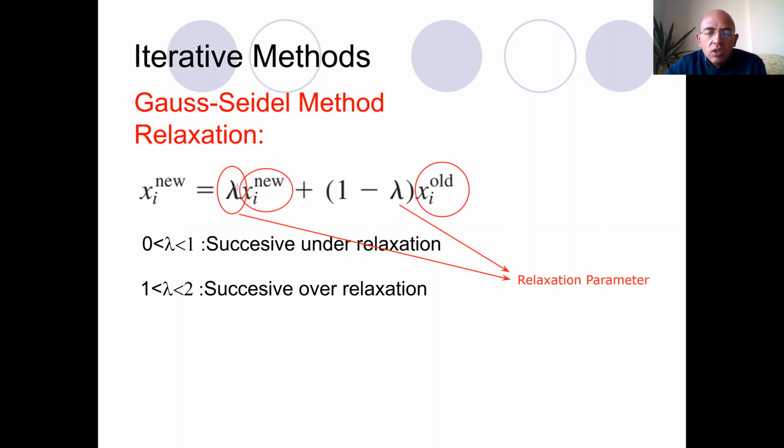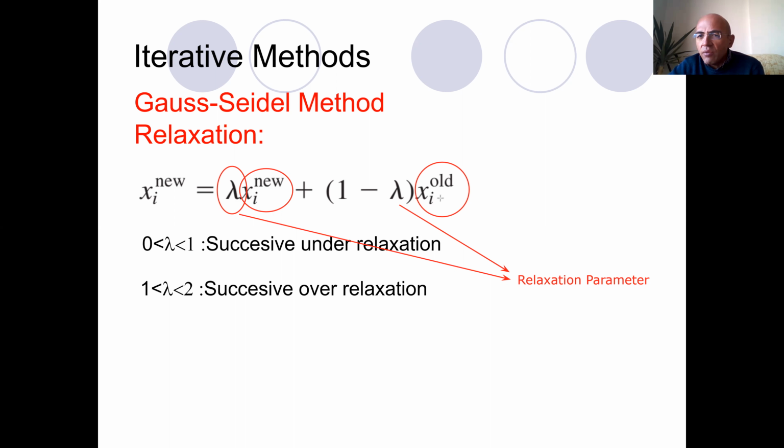This is generally what we prefer if the coefficient matrix is not diagonally dominant. So basically under relaxation increases the value of A11 in an artificial way.